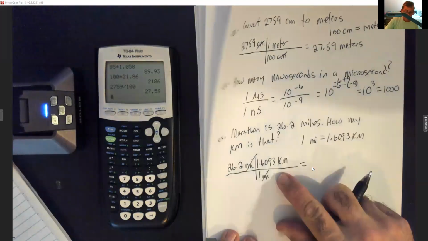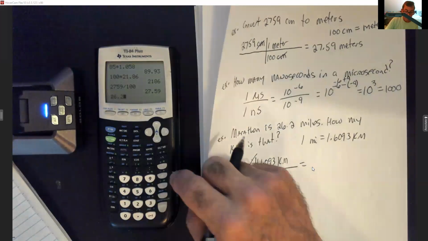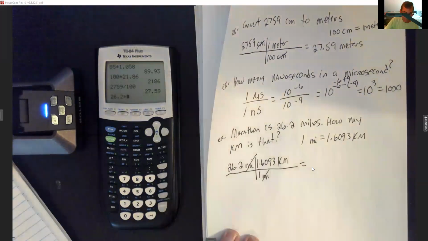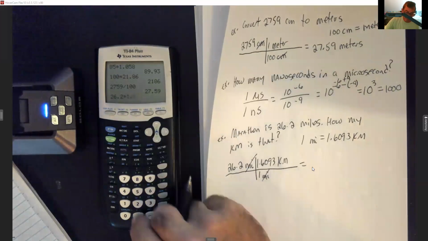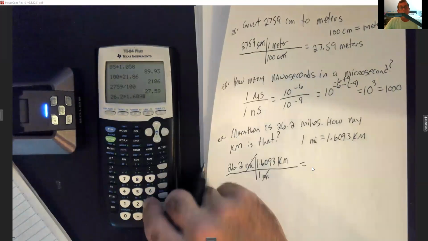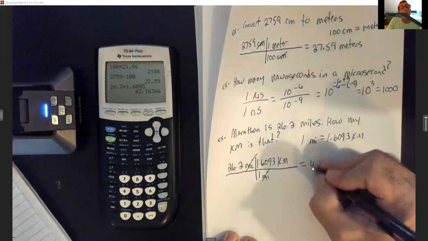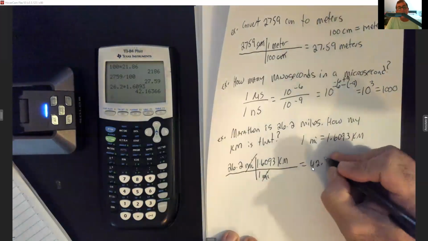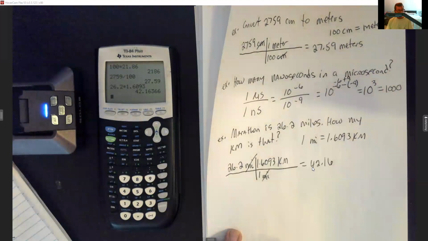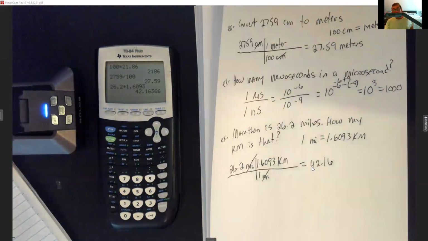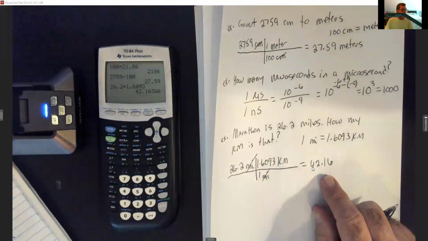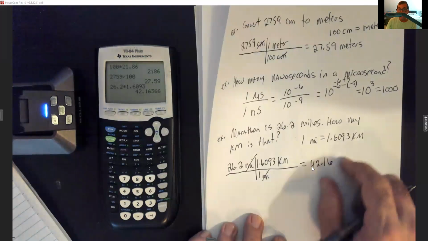So to finish this, I'm going to do 26.2 times 1.6093. Once I hit enter, I get 42.16. I'll just round to the nearest hundredth on that, which is 2 decimal places. So just remember, whatever they want you to do, round that many units, okay?